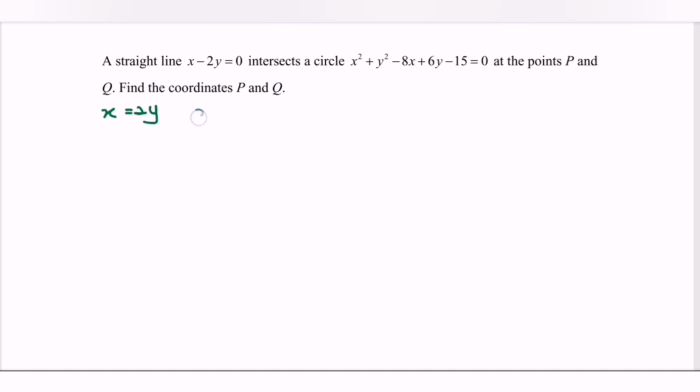So here we have x² + y² - 8x + 6y - 15 = 0. Kindly substitute 2y into the x.